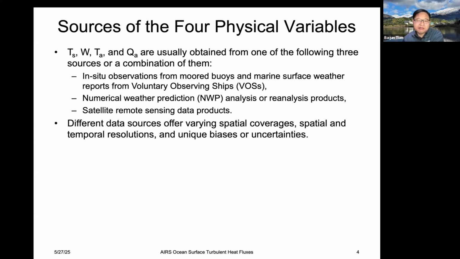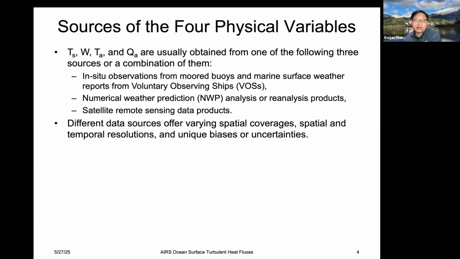There are several sources of these four physical variables, usually from three sources or a combination of them. First is in situ data from moored buoys or marine surface weather reports from voluntary observing ships, VOS.